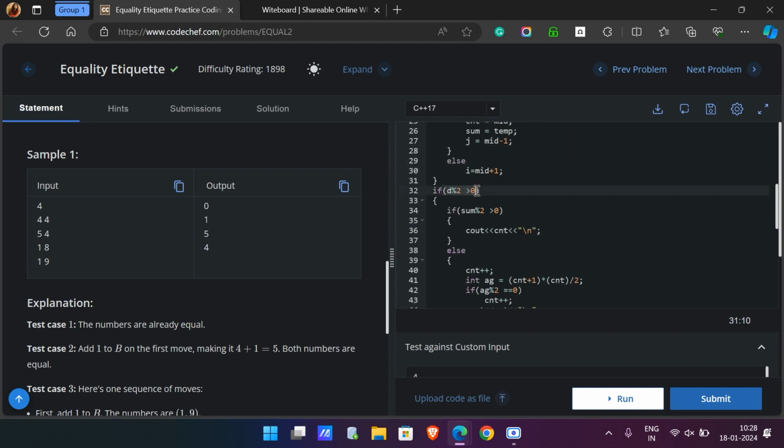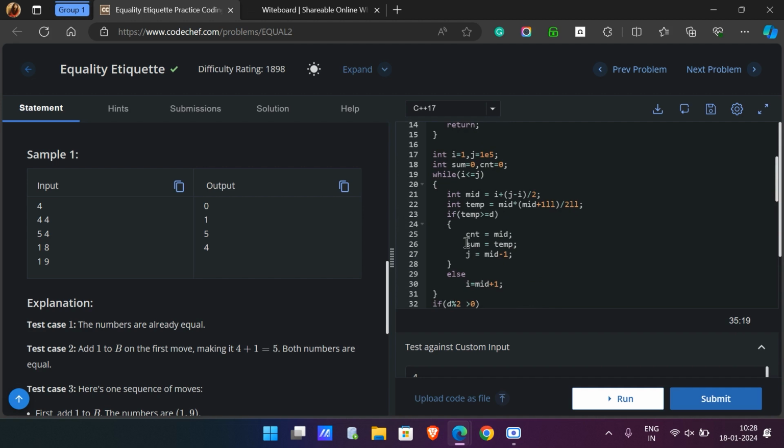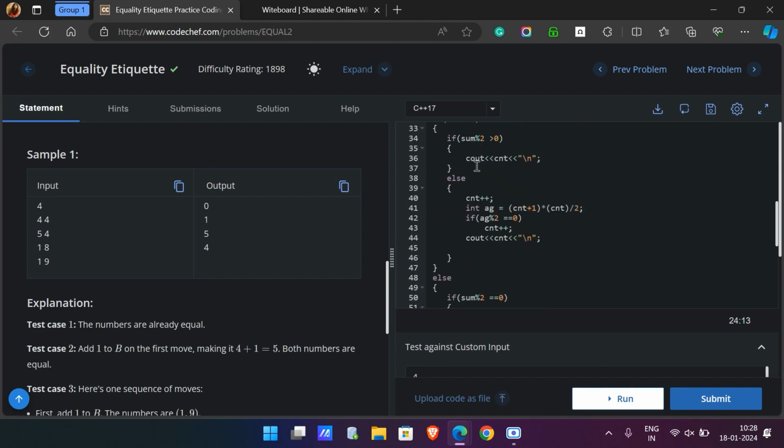So if d, the difference, is odd, then I need an odd sum. If my sum is odd, then okay, I got my answer. That is count, because I have stored mid in my count. If it is not odd, then it could be one far away or two far away.